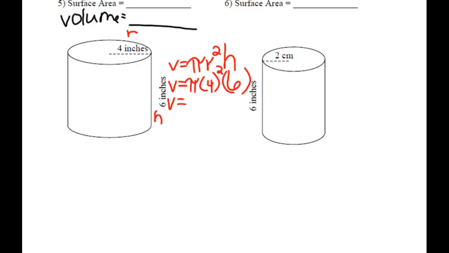So now we're going to multiply. 4 squared does not give us 8. 4 squared is 16 because it means 4 times 4. So now we're going to have to do pi times 16 times 6. And that's going to give us 301.44.